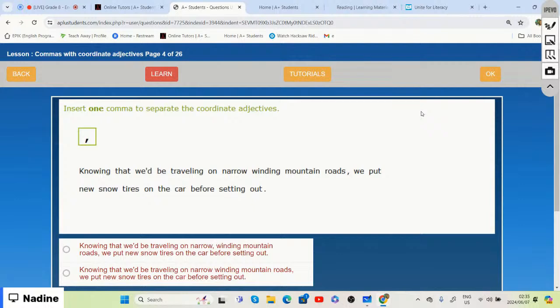And if we were to add our comma, it says, knowing that we'd be traveling on narrow, winding mountain roads, we put new snow tires on the car before setting out.